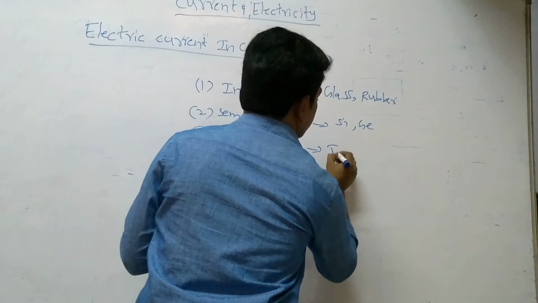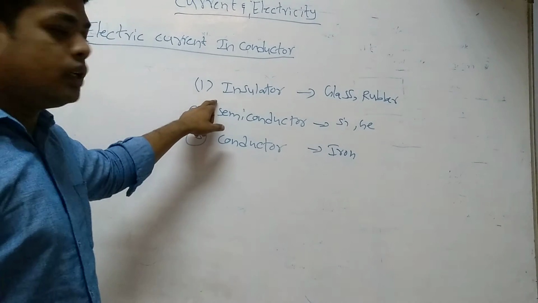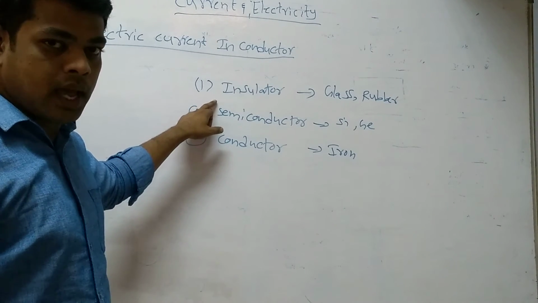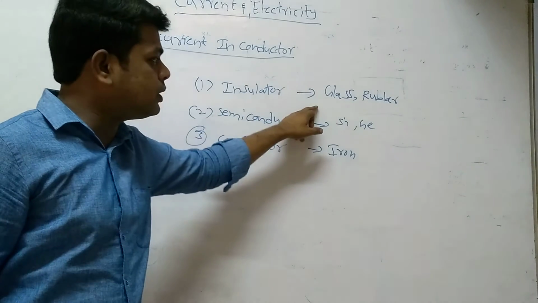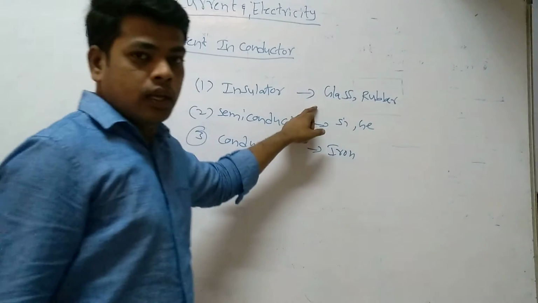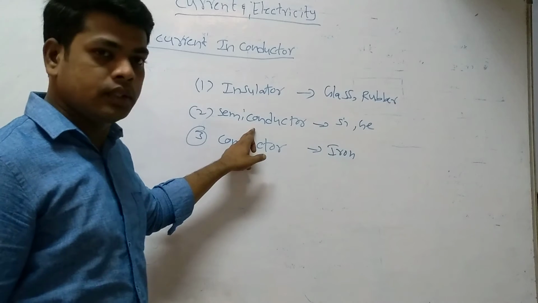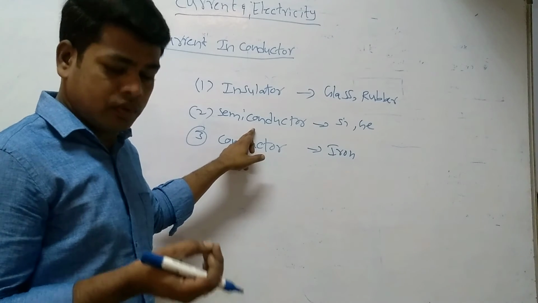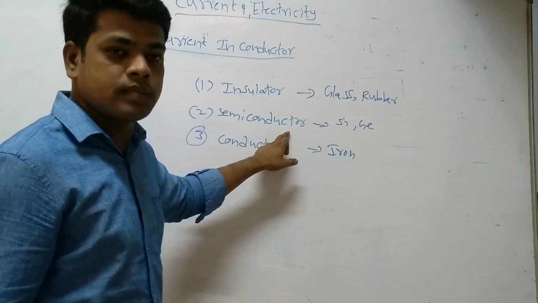Insulator means there are no free electrons to carry the current, so there is no current in the insulator. For example, we can't observe any current in glass and rubber. In a semiconductor, there are a few free electrons, so we will see a small current. Examples are silicon and germanium.